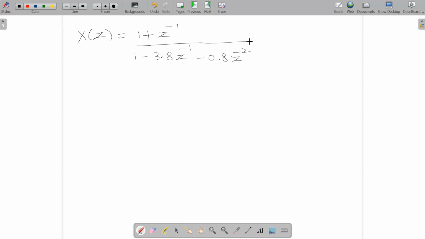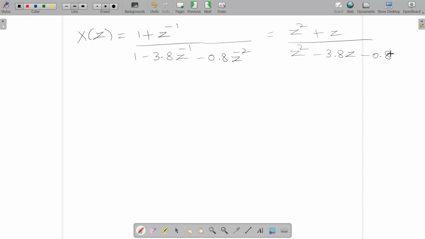When we compare numerator and denominator, the higher power term is z power minus 2, so multiply and divide by z square. Then 1 into z square is z square, z square into z inverse is z, and in the denominator z square minus 3.8 z minus 0.8, since z power 2 gets cancelled.